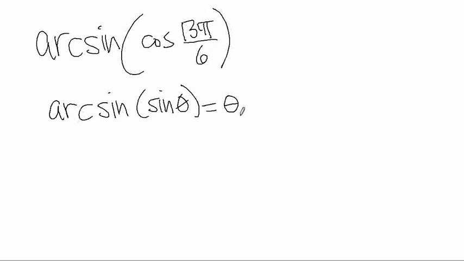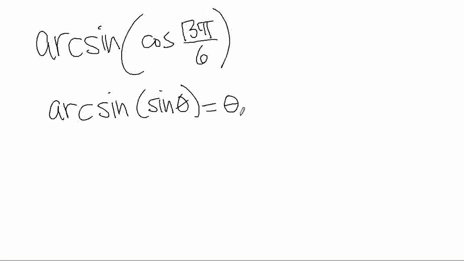Okay, if that's clear, then we can begin to understand how to simplify this expression. What we're going to want to do is replace the cosine of 13 pi over 6 with an equivalent expression involving sine. Why am I going to do that? Because then I can use that equation that I just wrote down.